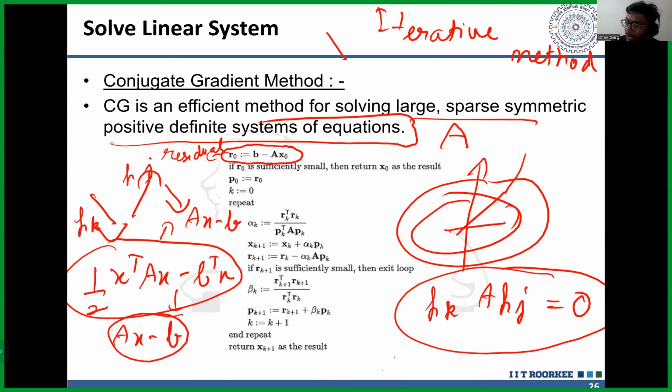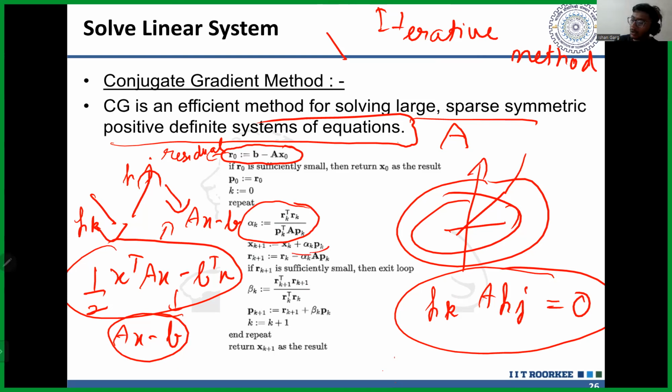What I am providing you is a high-level overview of this problem, otherwise it is a lot more difficult to explain. So this is our main algorithm. We define alpha, which you can say is the learning rate, or the step we take in the direction of P. So we are updating x as x(k+1) equal to xk plus alpha k pk.